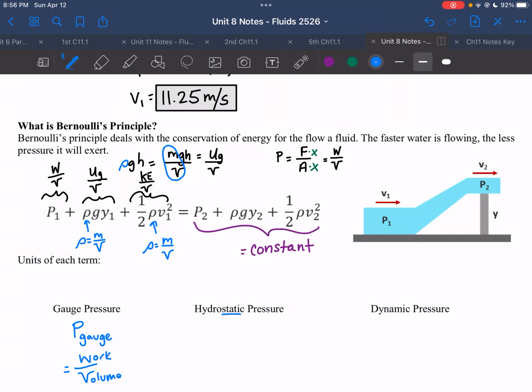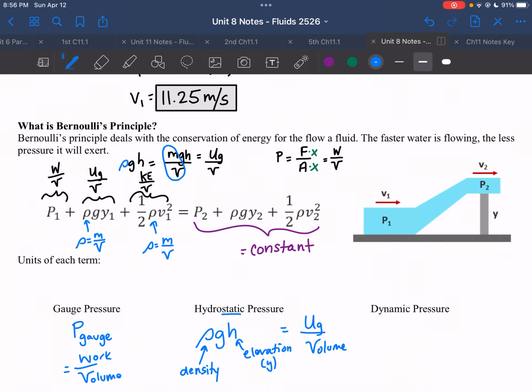Again, static, so you're thinking that it's stationary, that it's based off of where it is position-wise. This is equal to rho g h, where rho is the density, g is acceleration due to gravity, and h is the elevation, which is also called y. And this is really your gravitational energy divided by the volume.